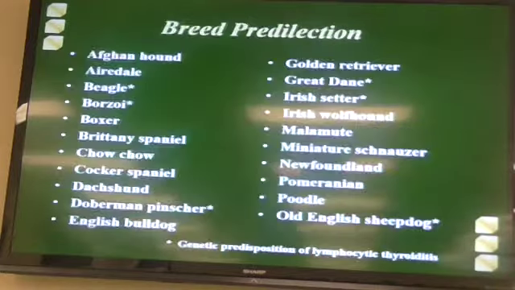Okay. So here are some breed predilections. So you can see there's quite a bit of them in there. Now the ones that have the asterisks are the ones that seem to have a genetic predisposition for the lymphocytic thyroiditis. See the Beagle, the Borzoi. They've also seen Great Dane and Irish Setter, and the Doberman, and Old English Sheepdog.